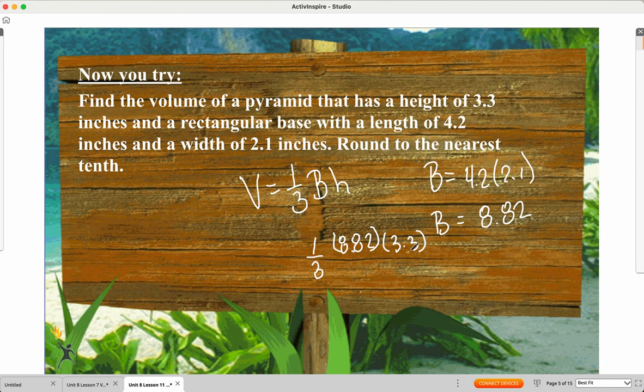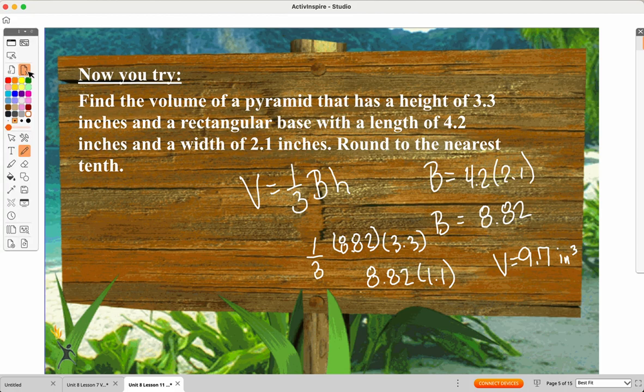I'm going to take 1/3 of 3.3, and say 8 82 hundredths times 1.1. It just allows me to do it more quickly. I mean, with the calculator, I can go across without a problem, but it's easier sometimes to do that in my head. So I have a volume of 9 7/10 inches cubed. Good job.